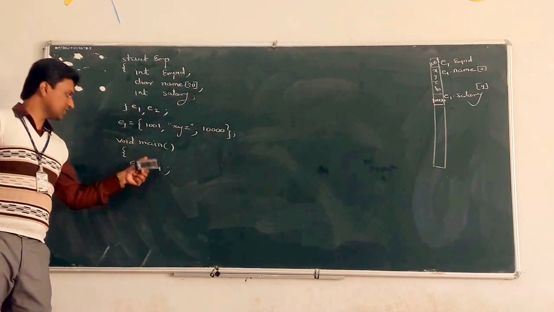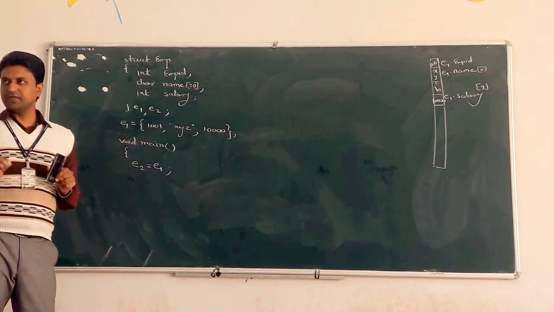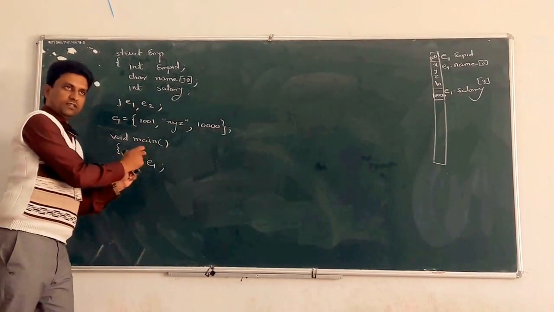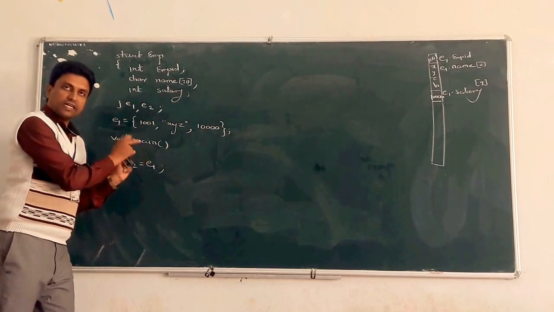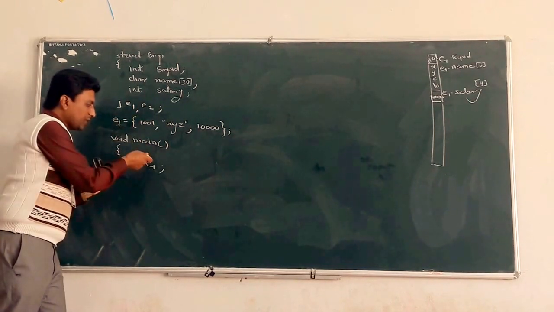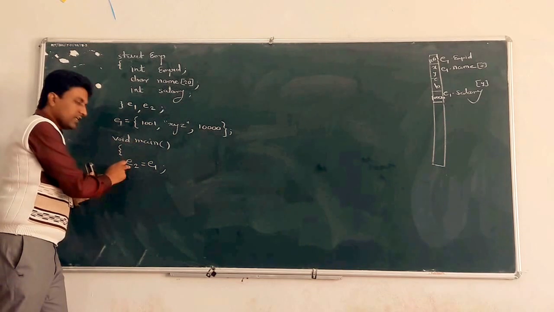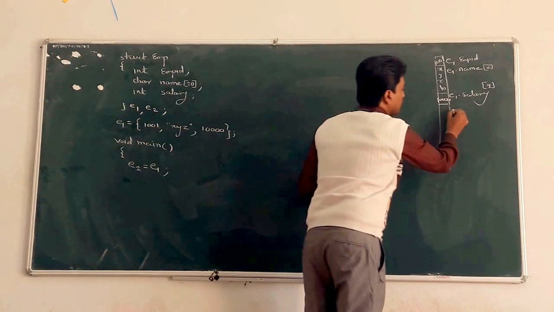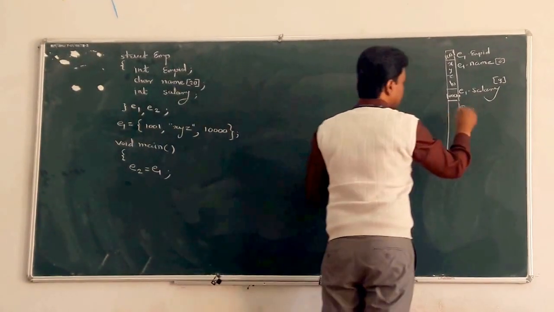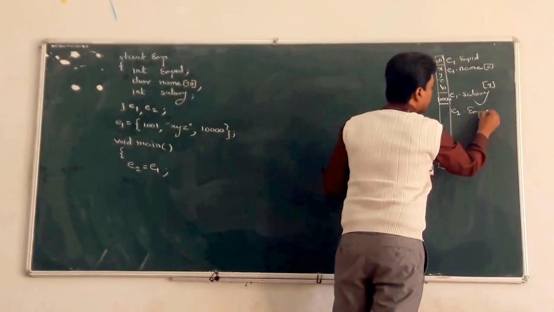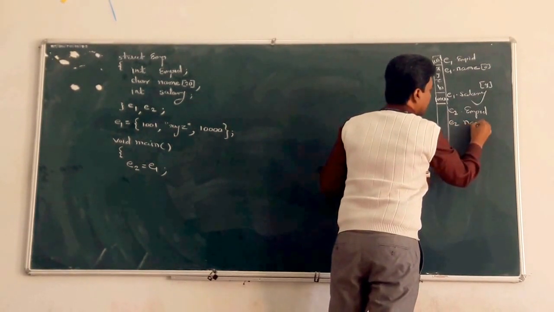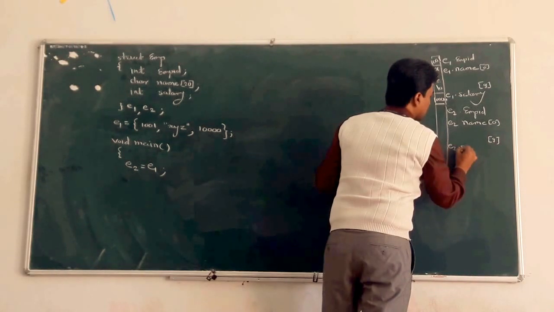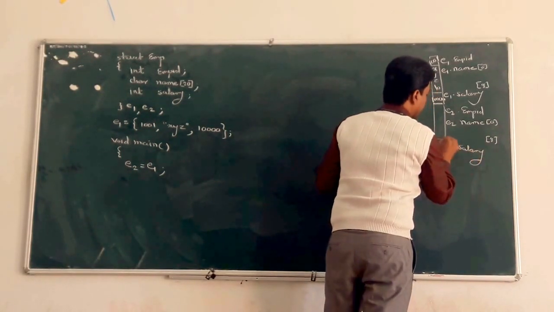Whatever data is stored in the E1 structure variable, that record is copied data member by data member into E2. E2 already has its memory, employee ID, E2 dot name from 0 to 9, and next the E2 dot salary.